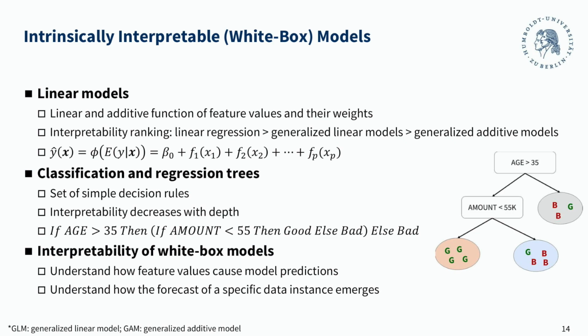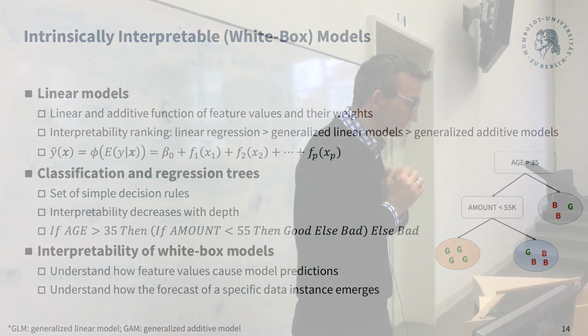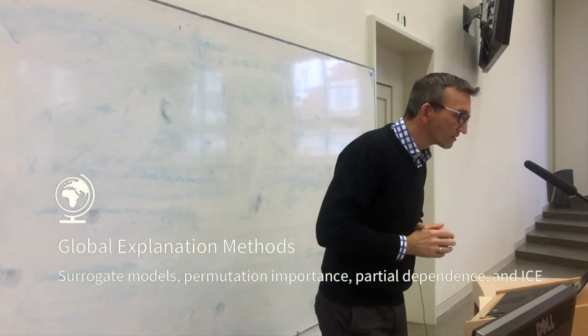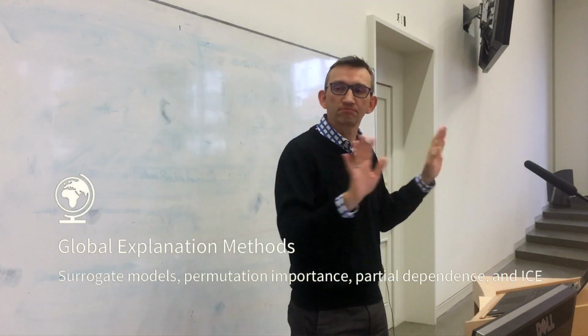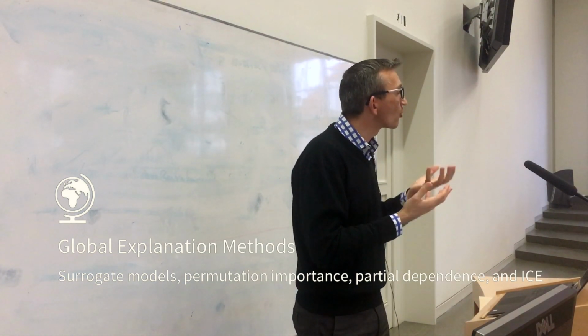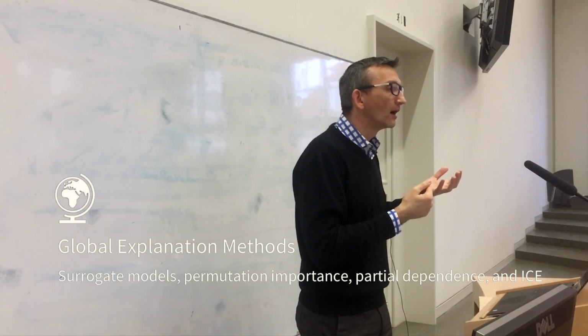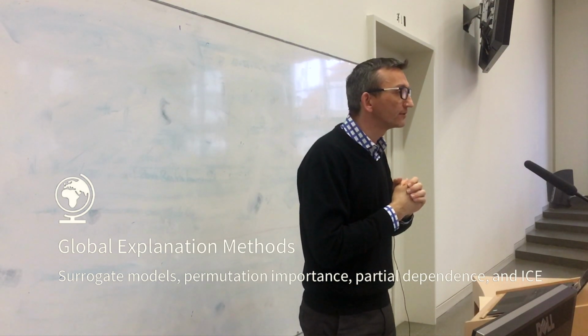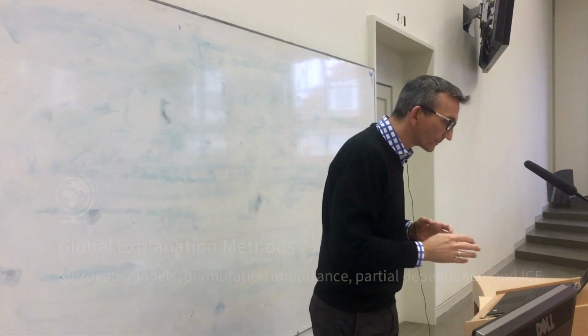And as a matter of fact, these techniques, linear models or shallow trees, are used in several of the post hoc explanation methods as a vehicle to extract rules from a black box model. So let's leave the introduction with that and now look at some concrete examples. What you can do to interpret your black box model.